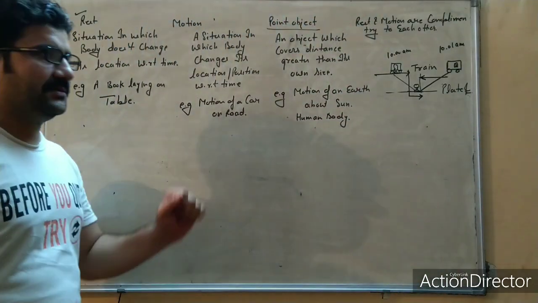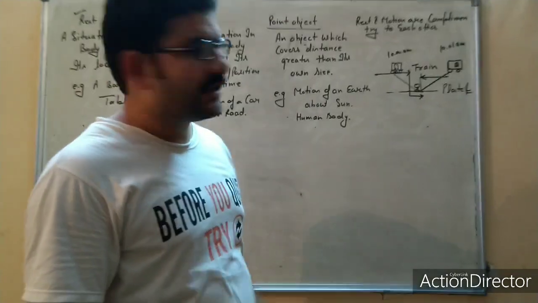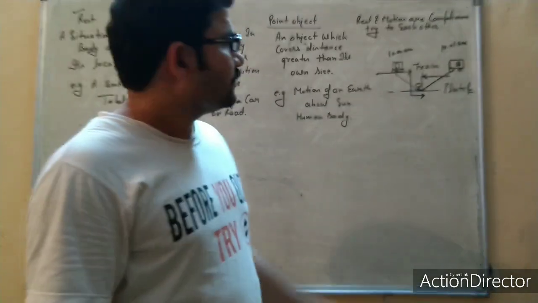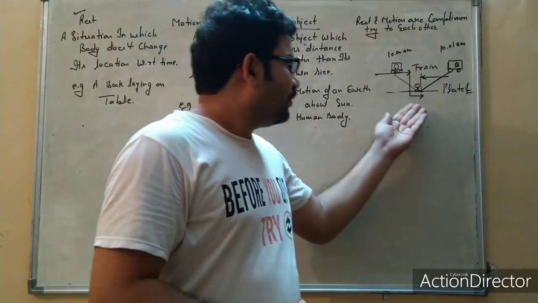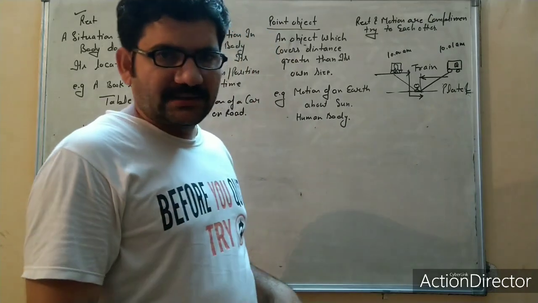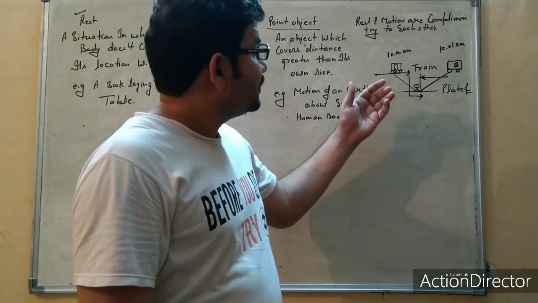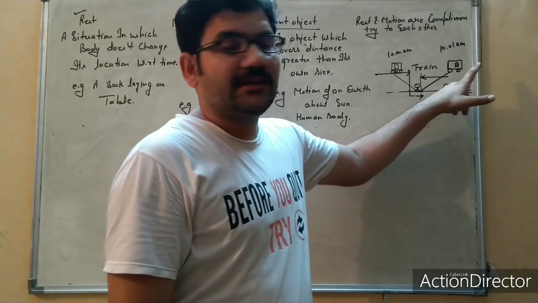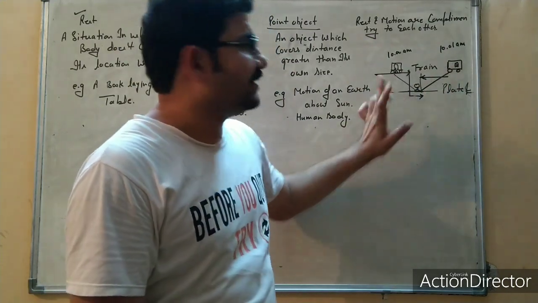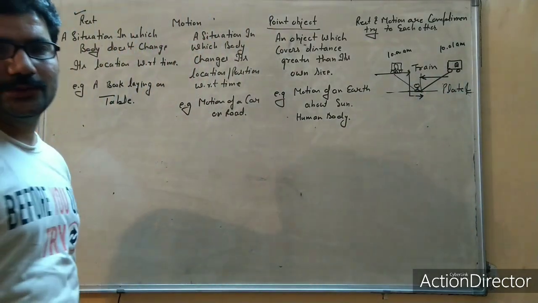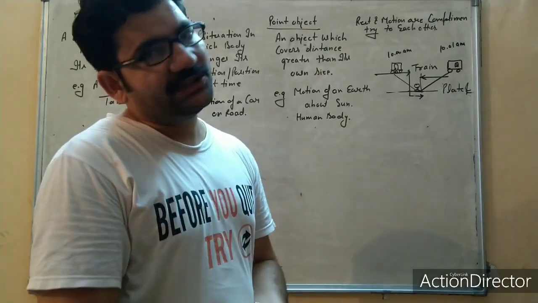So it is clear that this train is in motion and the person on the platform is at rest, but at the same time the person inside the train seems to see that person in motion. So it is clear that rest and motion are complementary to each other.